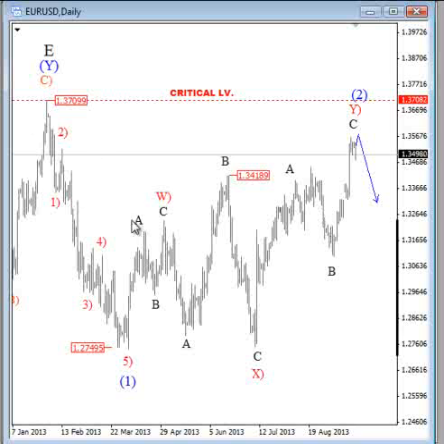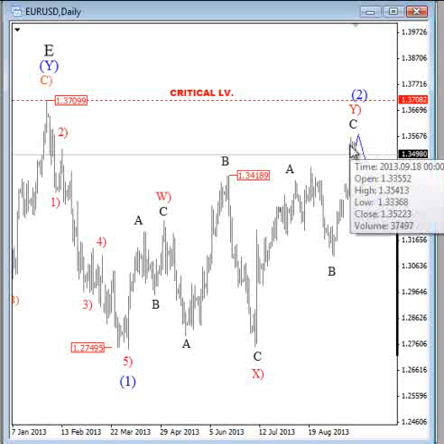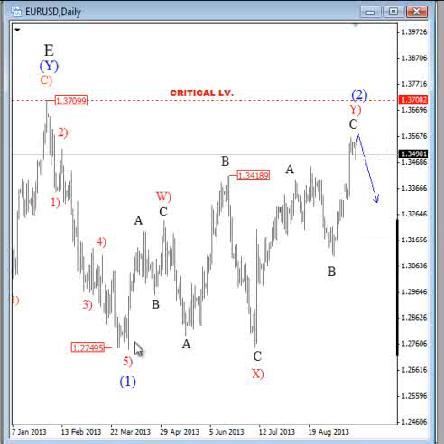which is actually a corrective wave 2 rally, labeled as a double zigzag now. Yes, wave 2 has moved very deeply here compared to wave 1, but as you know, wave 2 can retrace 100% of wave 1, but it must not retrace more than 100%.